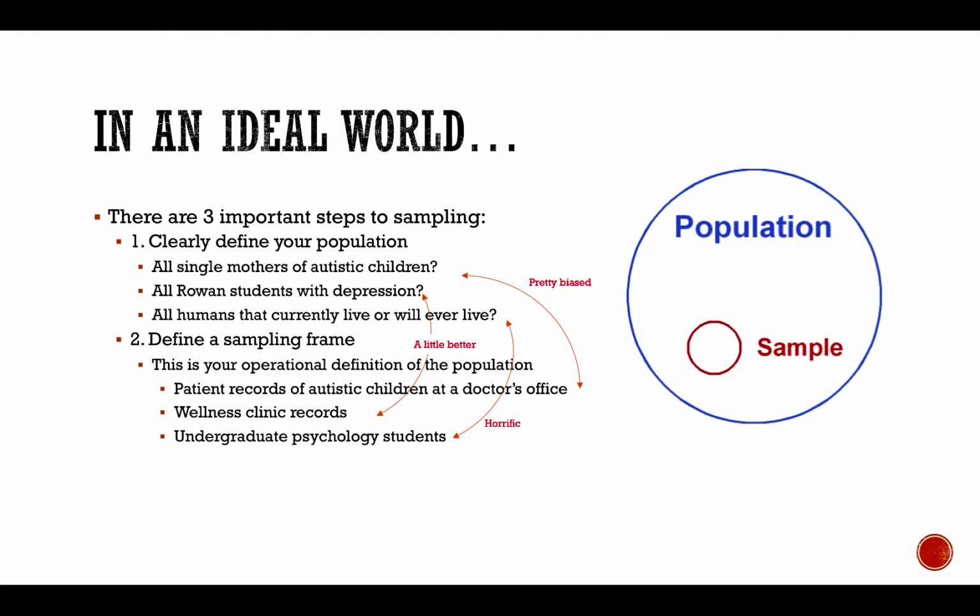That's a little better, but not everybody who's depressed goes to the clinic. And finally, all humans that currently live or will ever live might be your population, and you decide to study undergraduate psychology students. That is horrific in terms of bias and representativeness.